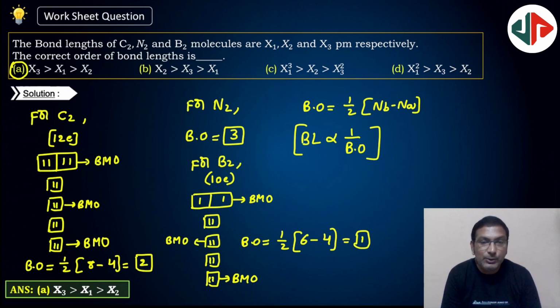So for C2 bond order 2, N2 3, B2 1. So bond length order: X3, which is B2. Next X1, which is C2. Next X2, N2. N2 has the highest bond order, therefore least bond length. Next one.